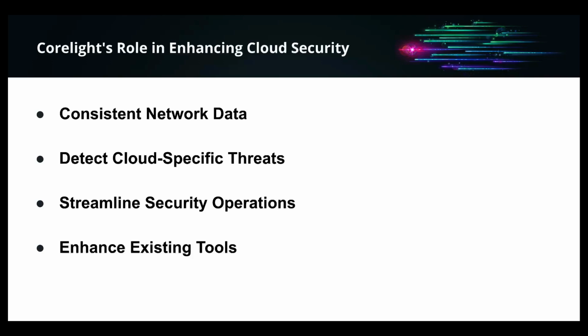It generates detailed network metadata, allowing security teams to use their existing tools more effectively. This really helps teams build a strong detection and response strategy in the cloud. Corelight is really enhancing cloud security by offering consistent network data, detecting cloud-specific threats, simplifying security operations, and improving existing tools.